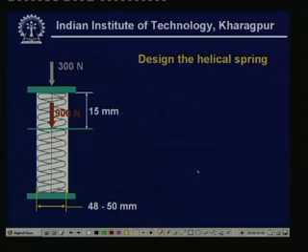Another situation is that, for some design requirement, the spring outside diameter should not exceed 50 mm. As a matter of fact, it should be within 48 to 50 mm. So, with this design problem, let us start solving the problem.